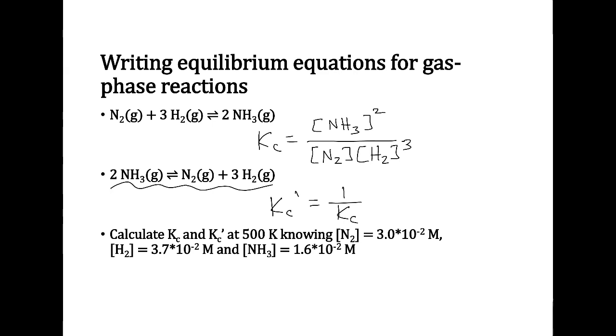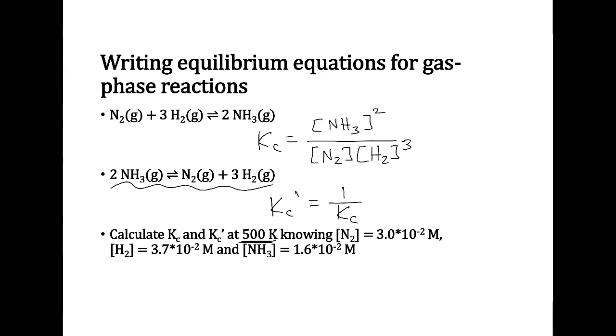Let's calculate Kc and Kc prime at this given temperature where we know the following equilibrium concentrations. Usually in an equilibrium problem, if it says calculate Kc and doesn't specify that it's an initial concentration, it means it's an equilibrium concentration. But generally, I'll try to specify that it's an equilibrium concentration.